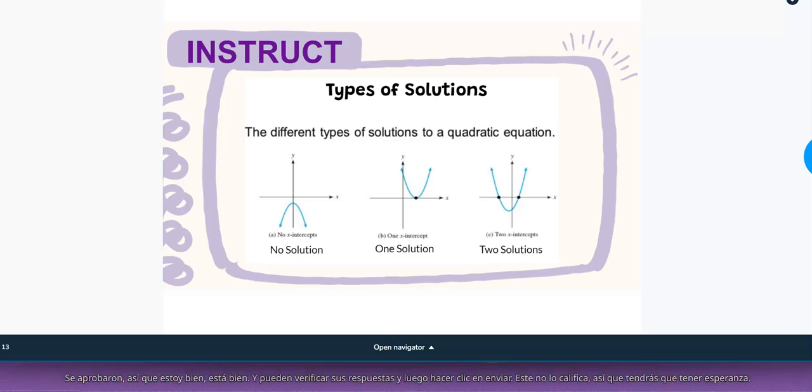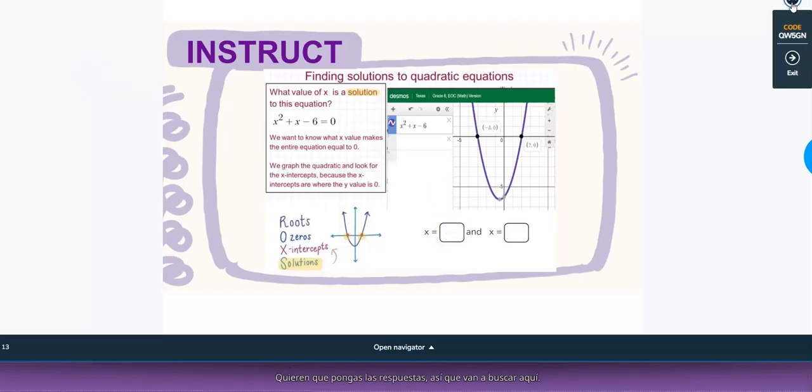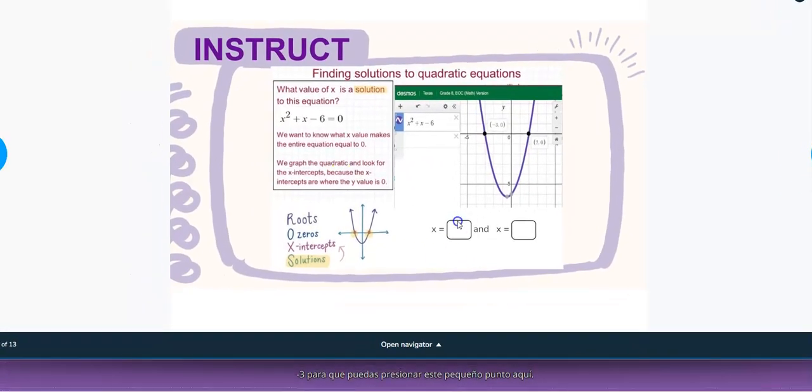Different types of the quadratic. They want you to put the answer, so they're going to look here for -3. So you're going to hit this little dot right here. You should be able to put an answer there, or maybe that's a screenshot. My apologies, guys.